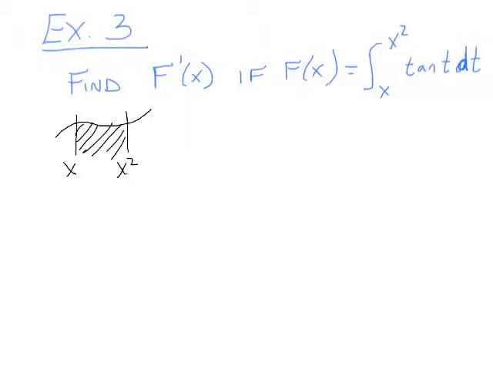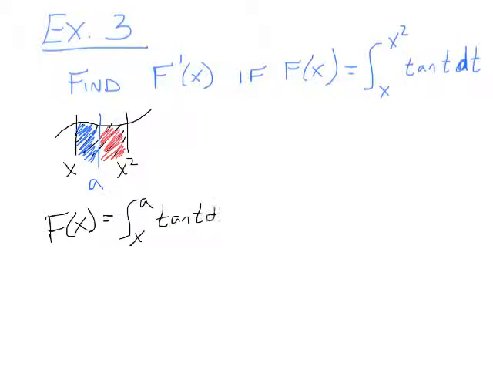One possible way to attack this is to imagine a boundary between the two, which we'll just call A, and find the area from x to A and add that to the area from A to x squared. So we can rewrite this integral as big F of x equals the integral from x to A of tangent t dt plus the integral from A to x squared of tangent t dt.